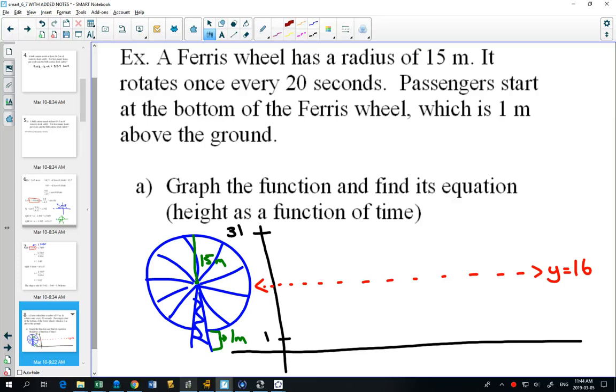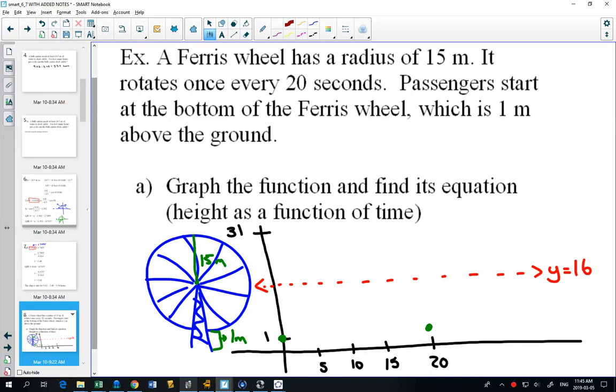It rotates every 20 seconds. Does it make sense that if you get on at 1, 20 seconds later, you would be back at 1? If that is your period, you could divide that into 4 equal sections.